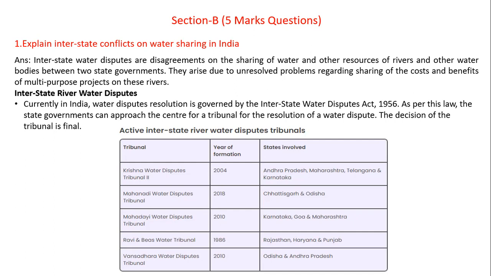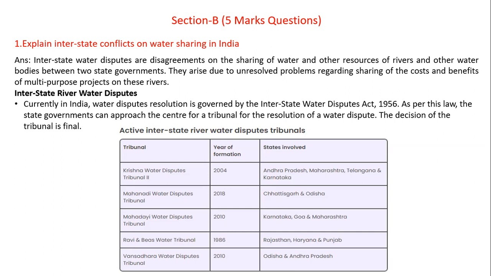Then we have the Mahanadi Water Dispute Tribunal, which was created in the year 2018 for sharing of water between Odisha and Chhattisgarh, and the Mahadayi Water Dispute Tribunal created in 2010, sharing of water between Karnataka, Goa, and Maharashtra.